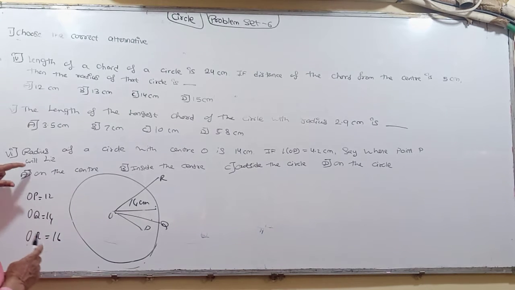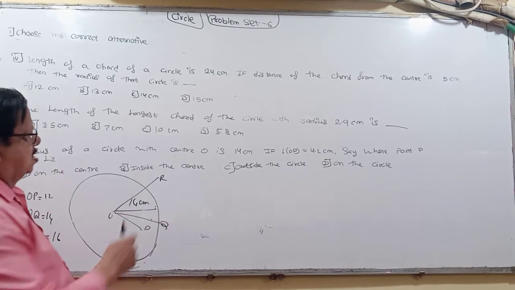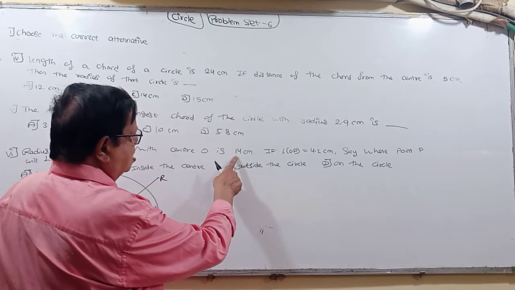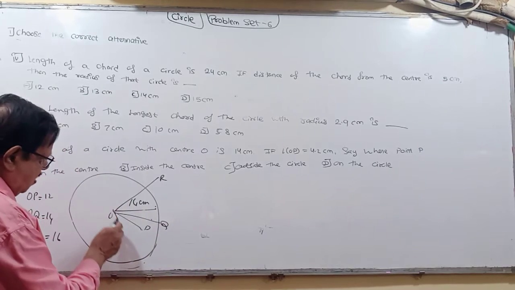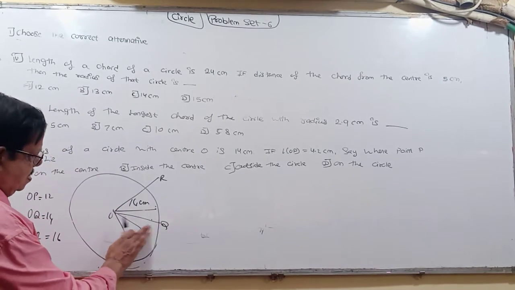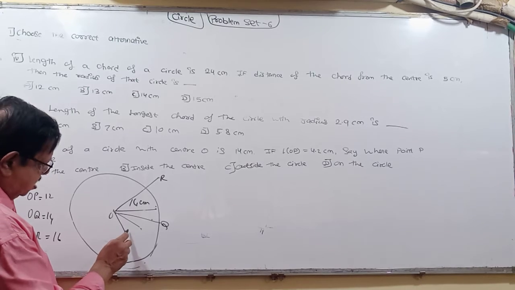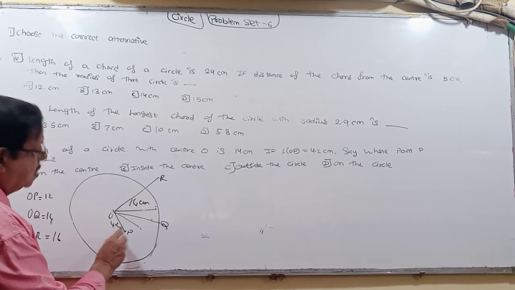So, the radius of the circle with center O is 14 centimeters. If length OP equal to 4.2 centimeters. Length OP is equal to 4.2.